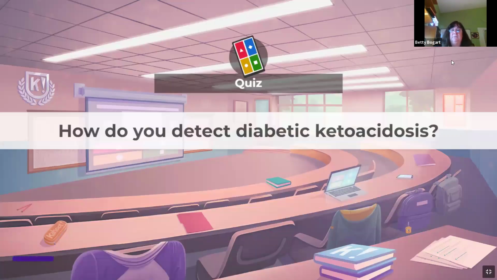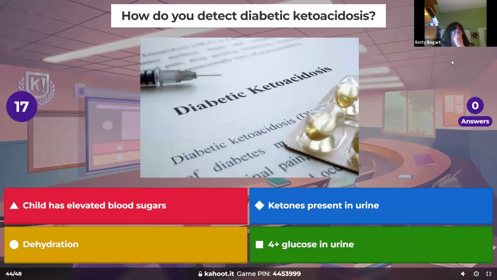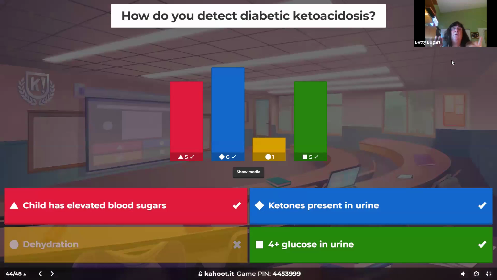A multi. How do you detect diabetic ketoacidosis? So your blood sugars are up, you have ketones in the urine, you have glucose in the urine.